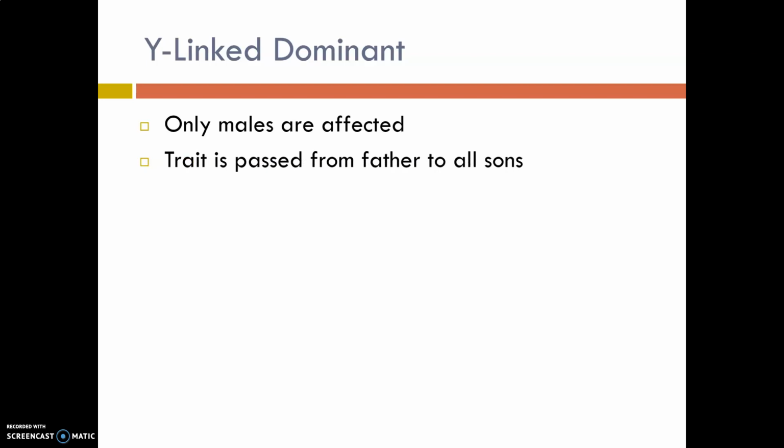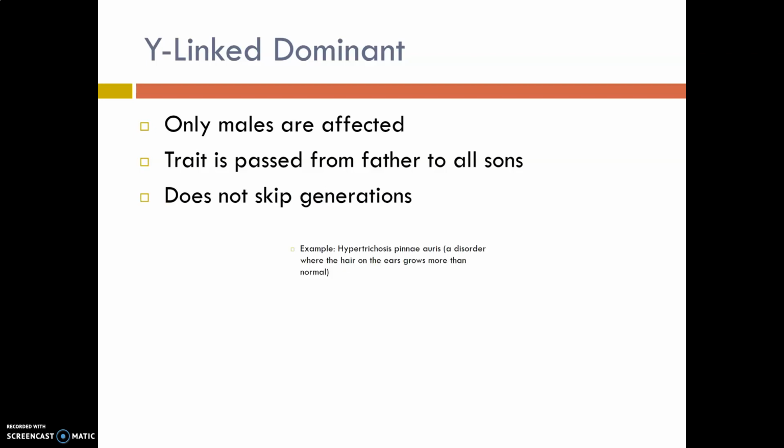The trait is going to be passed from the father to all of his sons because, one, it's a dominant trait, so you only need one bad copy to show it. And if a father is affected, he's going to give it to all the sons because the father gives the Y chromosome to the sons. That's how they are identified sex-wise as a male. It's also not going to skip generations because it is a dominant trait.